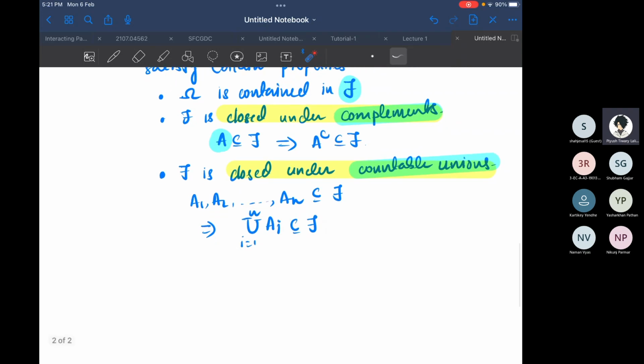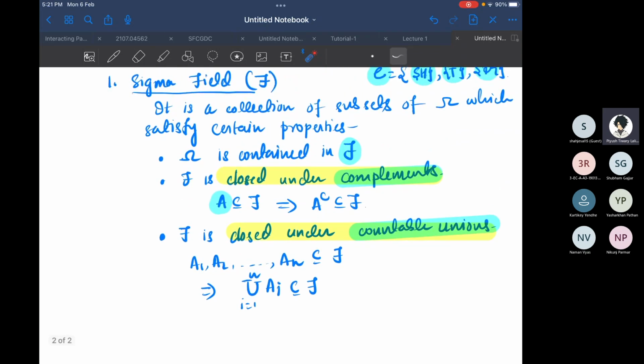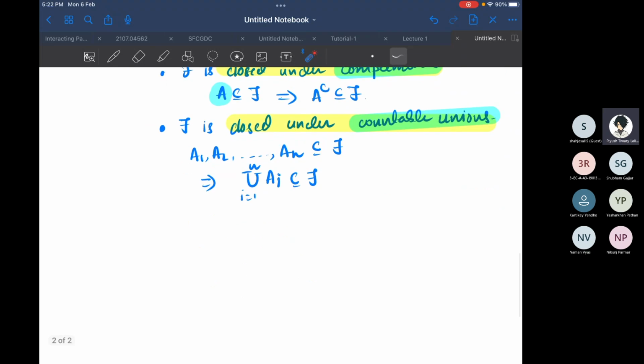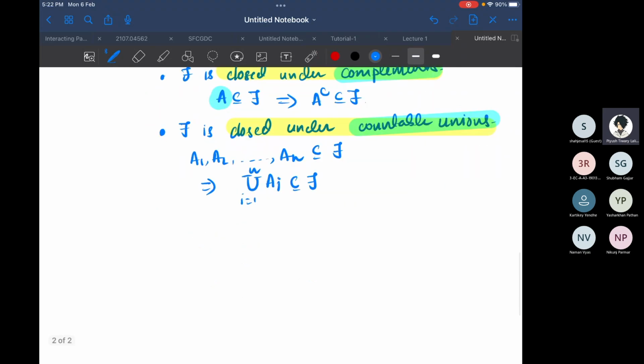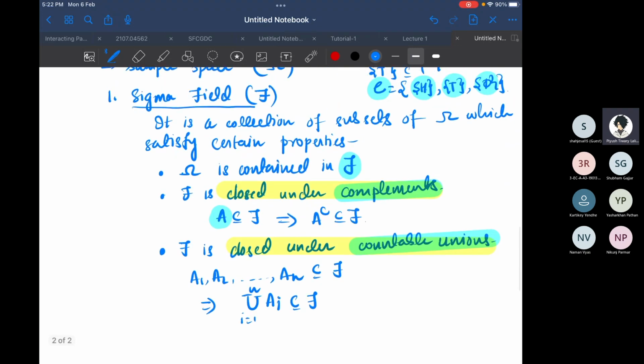So if any collection of subsets satisfies these three properties, we can call it a sigma field F. And so you could ask, why is a sigma field even necessary?